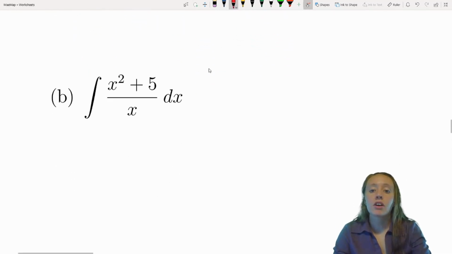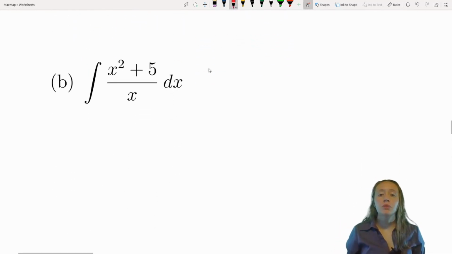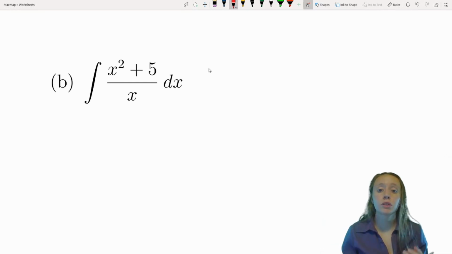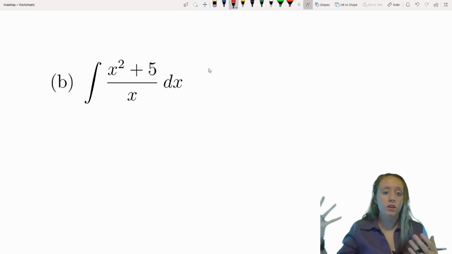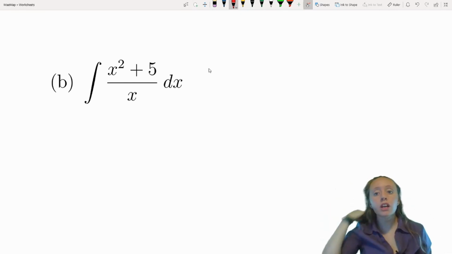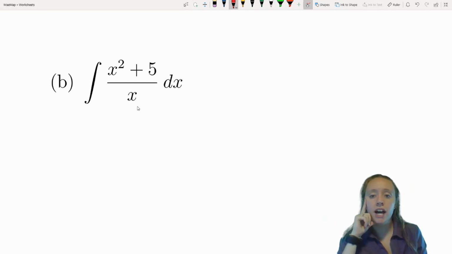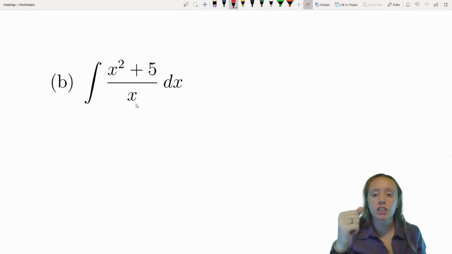Now, on to b. Remember how I said up above that we don't really have any method for doing the quotient rule or the product rule with integration, because even though some rules are similar, they're not all the same. So we can't do the quotient rule, so the only way we're going to be able to integrate this is hope that it simplifies down into something we can integrate with those 3 rules we know. So if I have x squared plus 5 over x as my function, well, I can split this fraction up because I already have that common denominator of x.